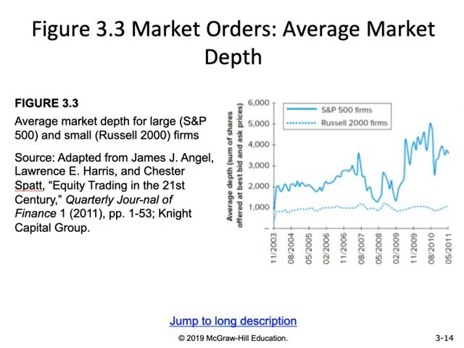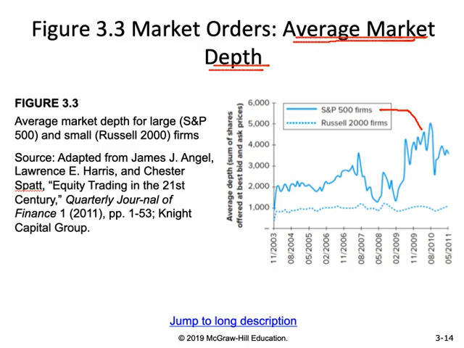So again, this slide talks about average market depth. That is the total number of shares that are offered at the best bid and ask spreads. So the more shares that are offered at the best prices for investors, the more liquidity the market has. So you can see that this line right here is the S&P 500 firms, the 500 largest on the New York Stock Exchange.